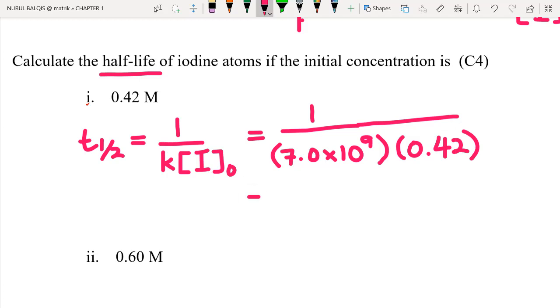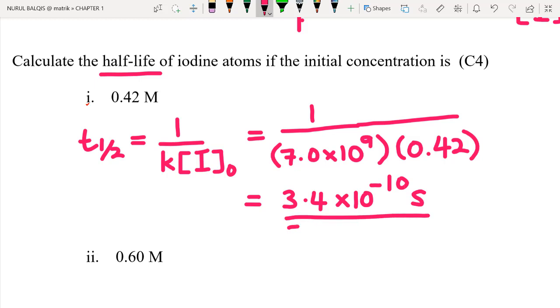Lastly, we're going to get our half-life, which should be in seconds, so we get 3.4 times 10 to the power of negative 10 second.